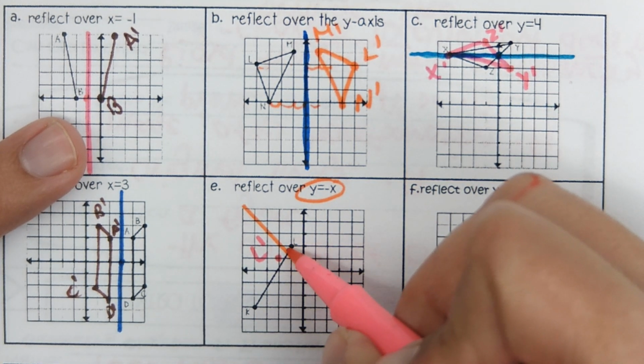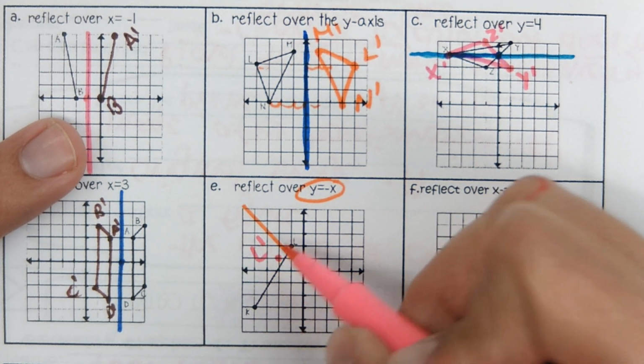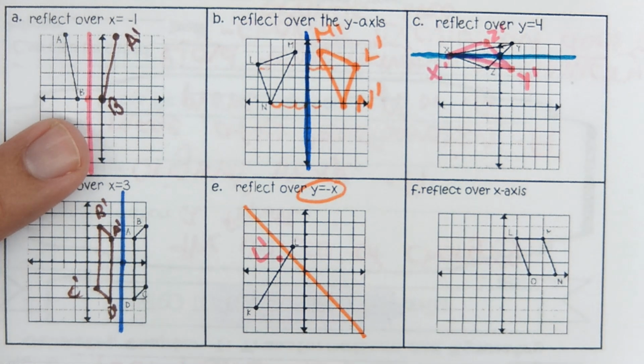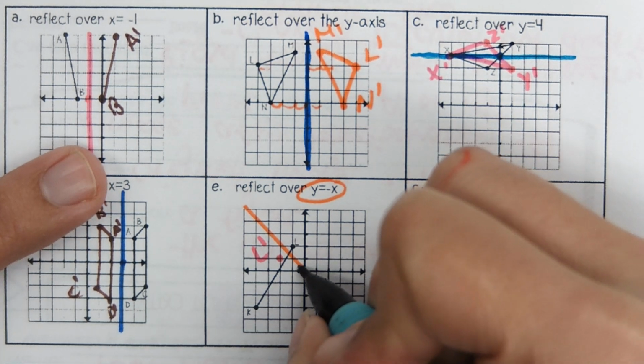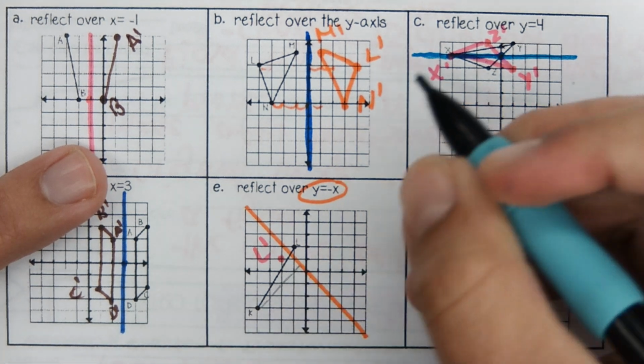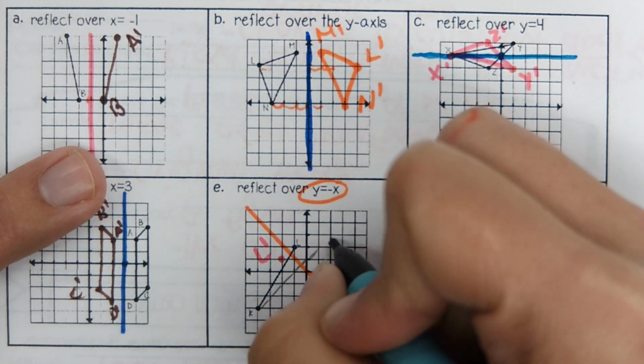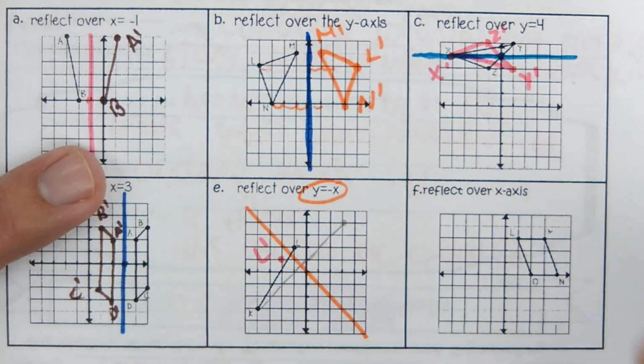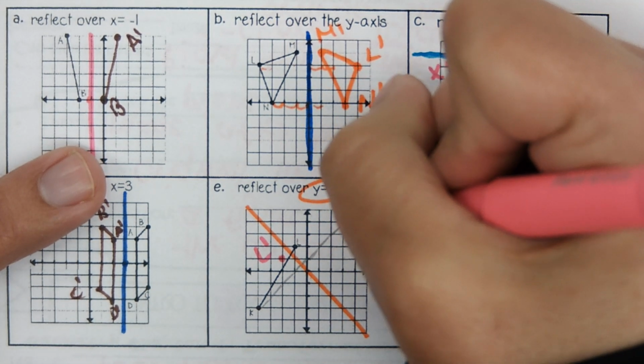So this is half of a diagonal away, so I put L1 on the other side of that. And then K, I'm going to count the diagonals to this line. So 1, 2, 3.5. So half, 1, 2, 3, and K will be right here. K prime.